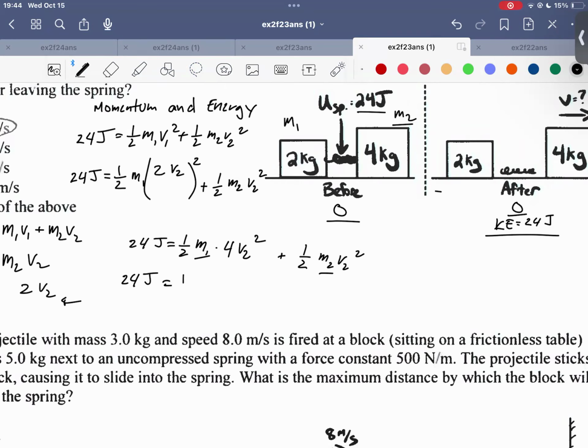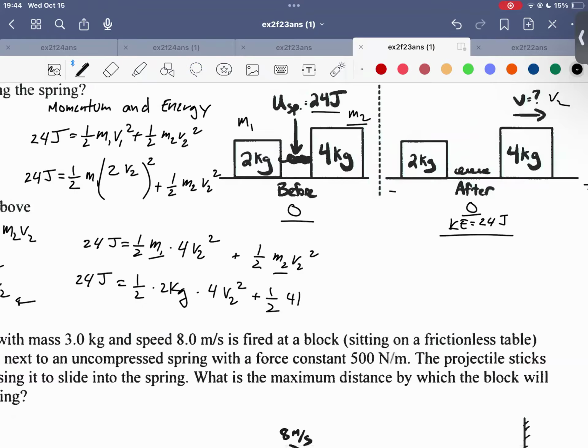You can just say 1/2 times 2 kg times 4 squared plus 1/2 times 4 kg v2 squared. And now we're left with this.